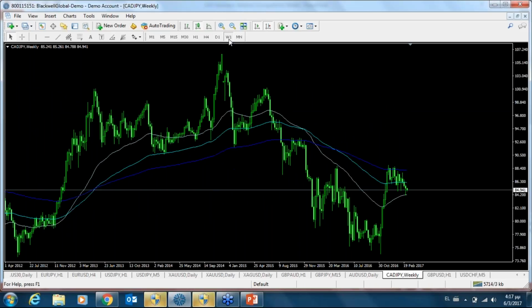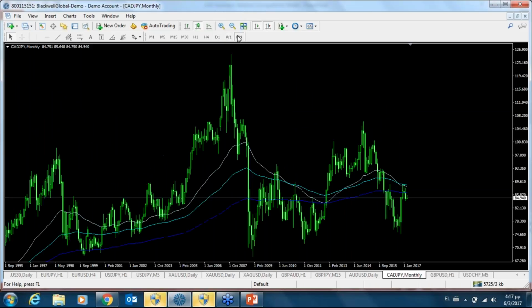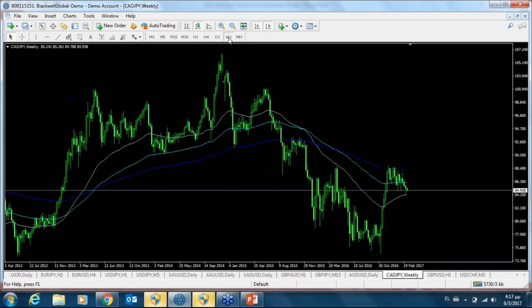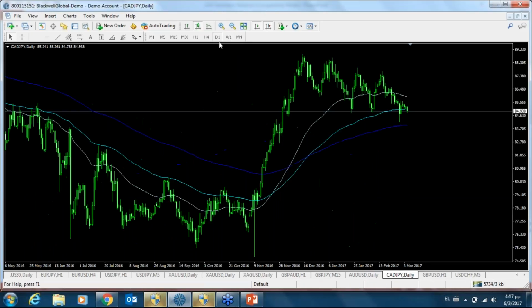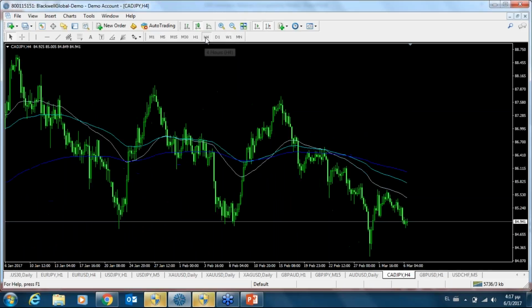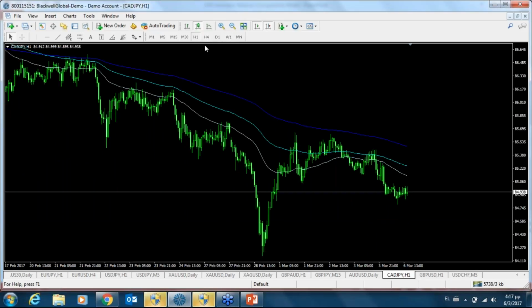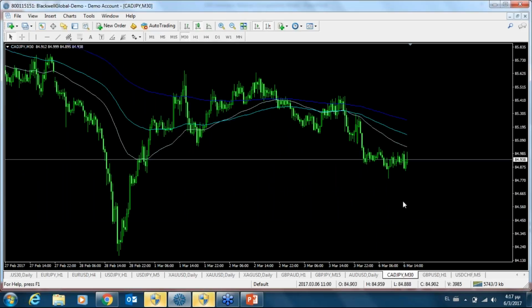Let's look at the very long-term ones, even the weekly chart or the monthly chart. It's not that clear, but both the daily chart and the weekly chart give you a lot of uncertainty because candles are trading in between all 3 lines. So we avoid the daily and the weekly. We move on to the 4-hour and below. So the 4-hour, 1-hour, and the 30 minutes are giving us some downward room or space to trade it.